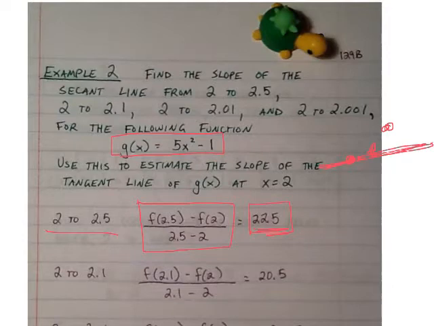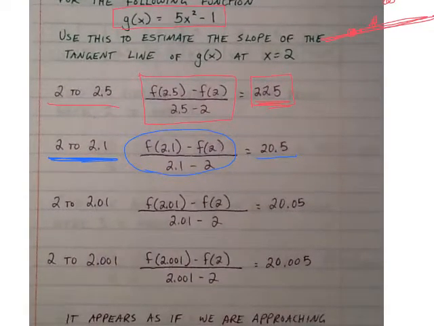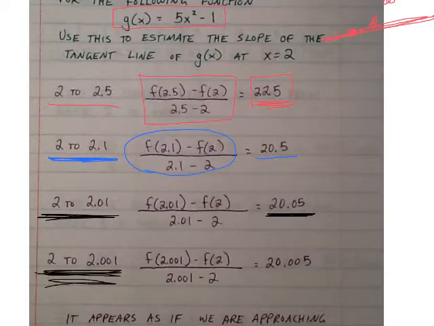If we make the window even smaller, from 2 to 2.1, we use the same equation, and it gives an answer of 20.5. Moving along, we get an even smaller window, and that gives us an answer even closer to 20. In the final one, we had a very tight window from 2 to 2.001, and that approached 20.005.